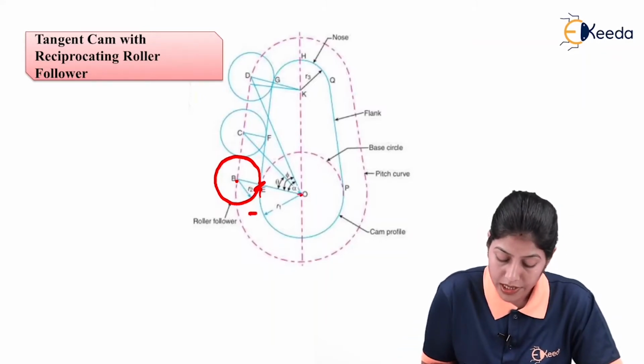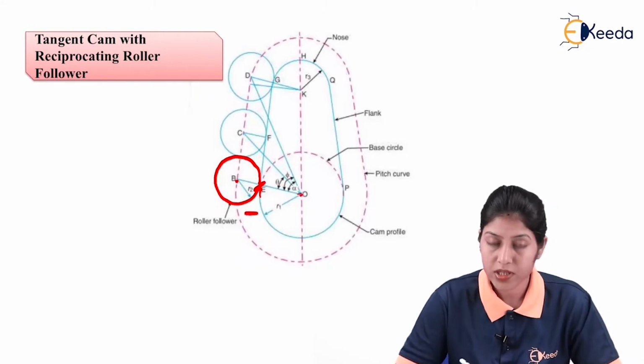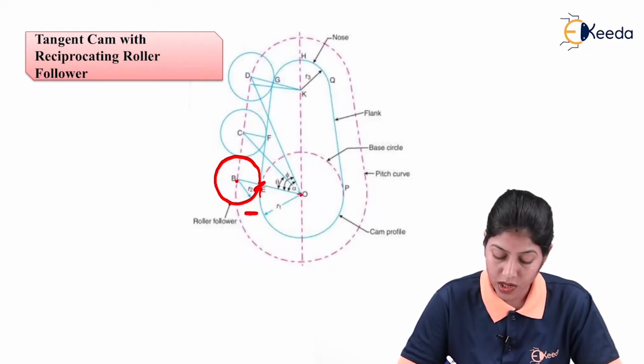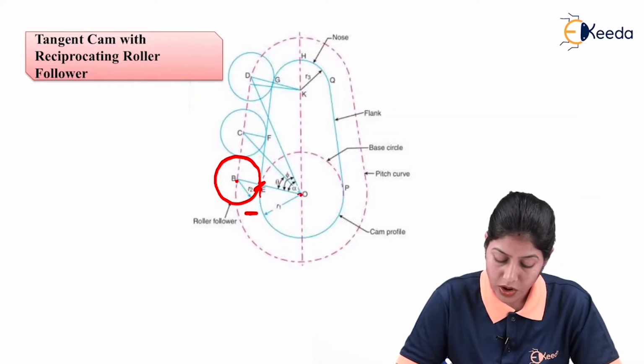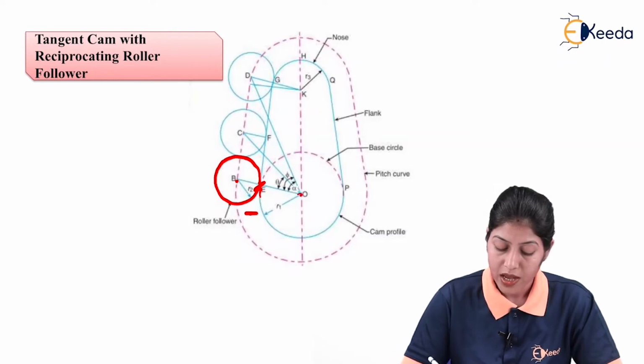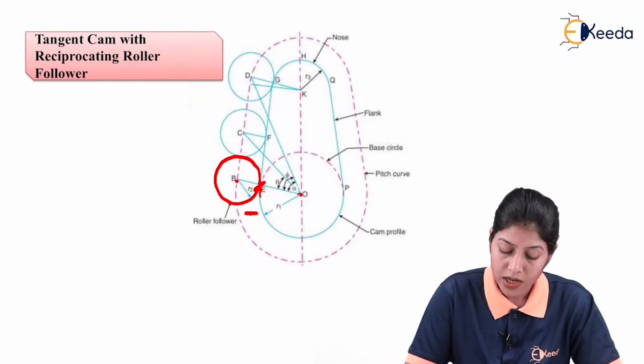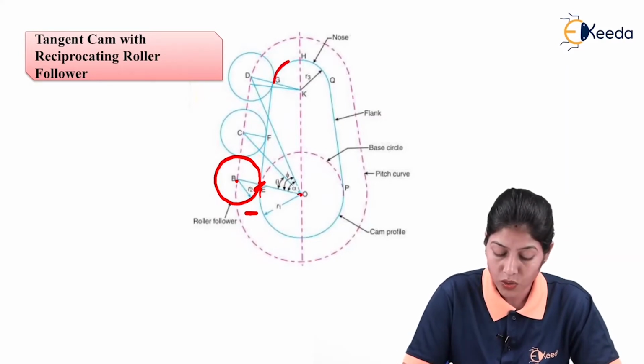So this condition is representing the first condition, when this roller follower is in contact with the flank, or over this flank surface.